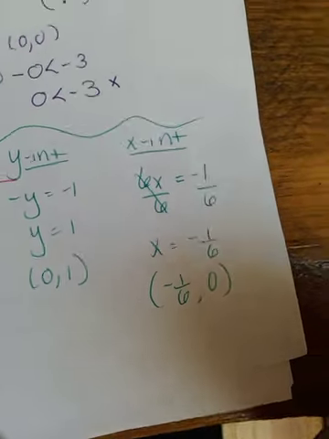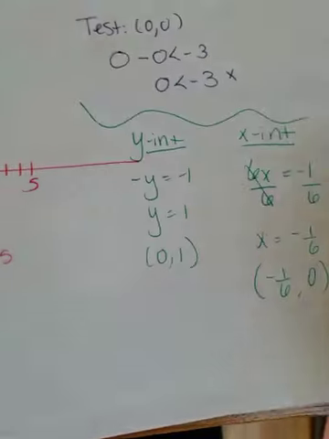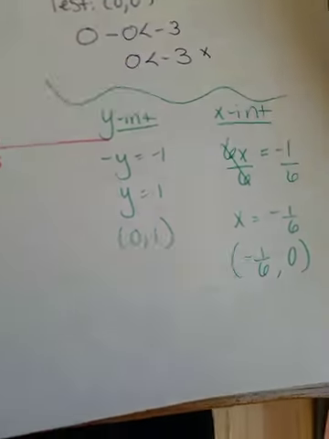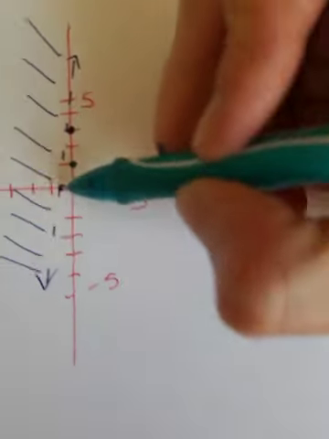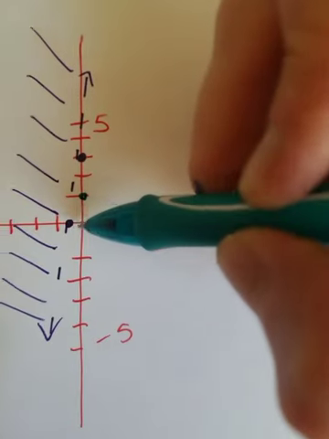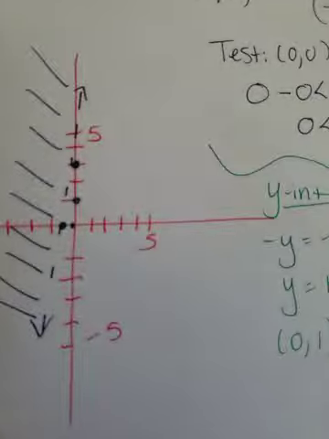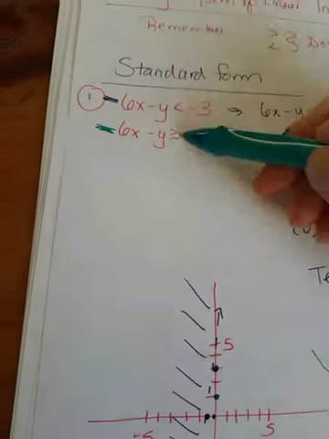So I'm going to go to (0, 1) and put a dot for my y-intercept. And then to -1/6. Remember, this was -1/2. And I know you can put that in your calculator, but -1/6 is smaller than -1/2. So it's going to be somewhere here. This line is solid.